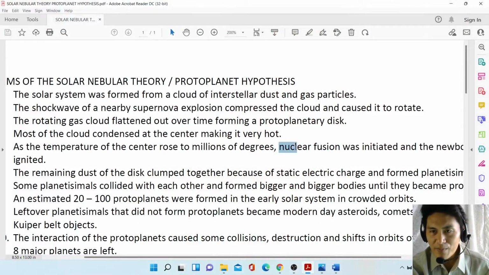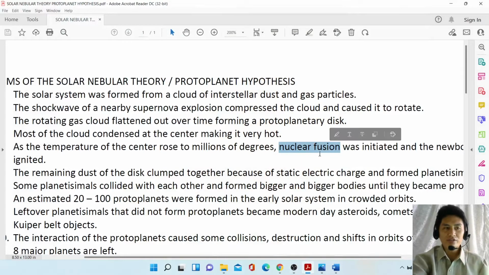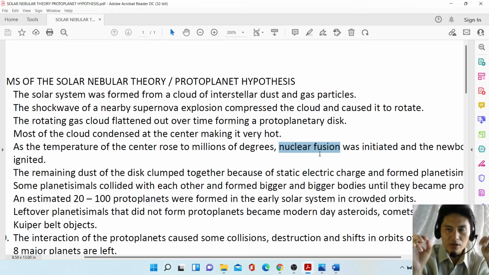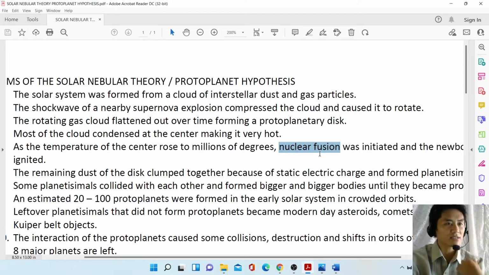If you remember your grade 9, nuclear fusion is what makes the stars burn, quote unquote, because they're not really burning. It's not combustion, but they are consuming hydrogen, fusing it to become helium, fusing helium and helium to make boron, or whatever, until it becomes oxygen.